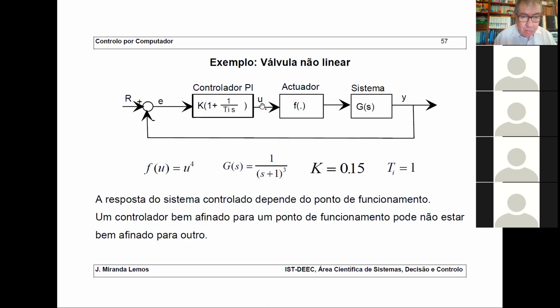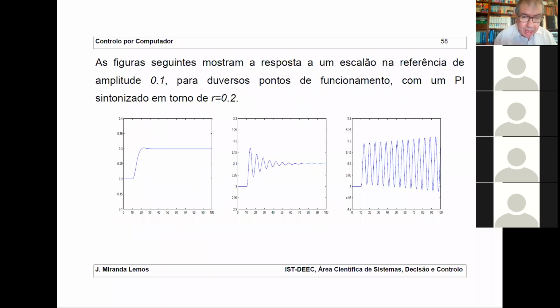And if U is bigger, the slope of the curve, which is proportional to 4 times U to the third power, increases. And this is an incremental gain. And the incremental gain, in this case with 3 poles, if it increases, makes the system unstable.